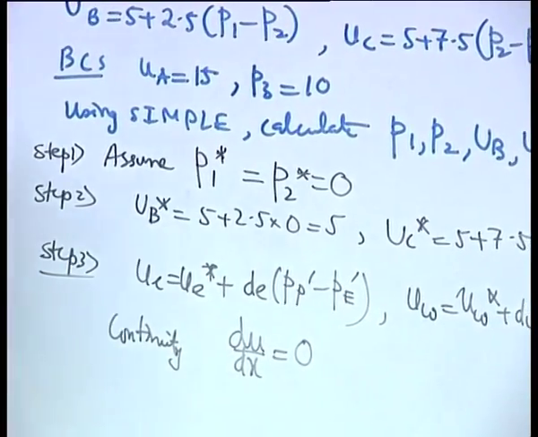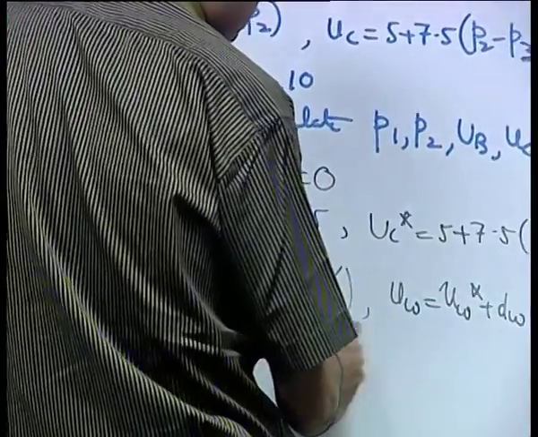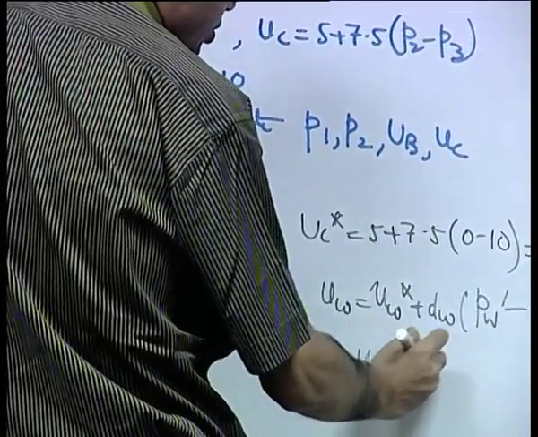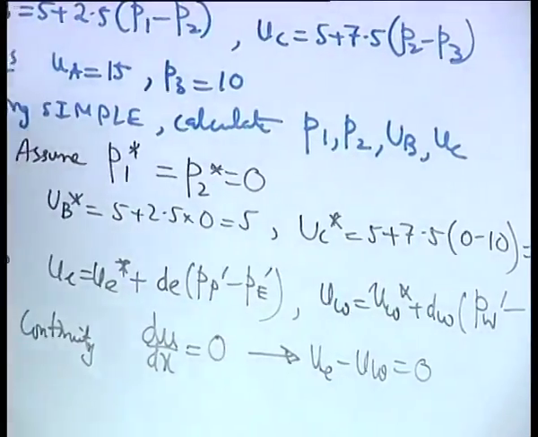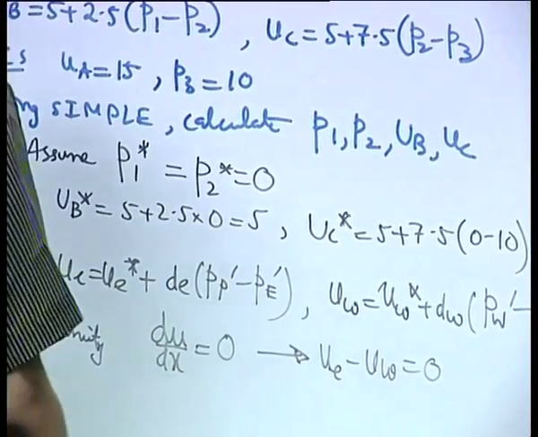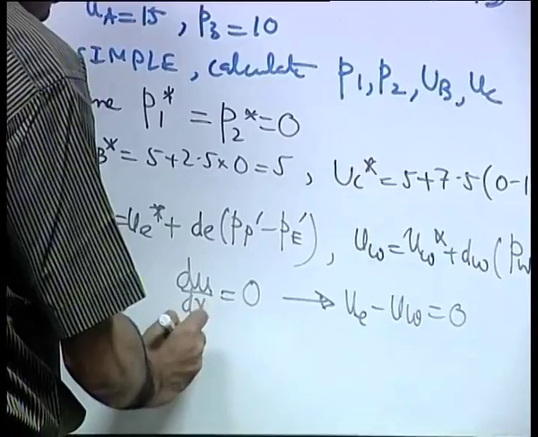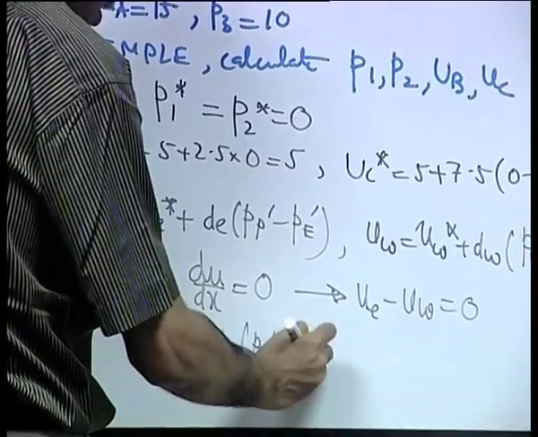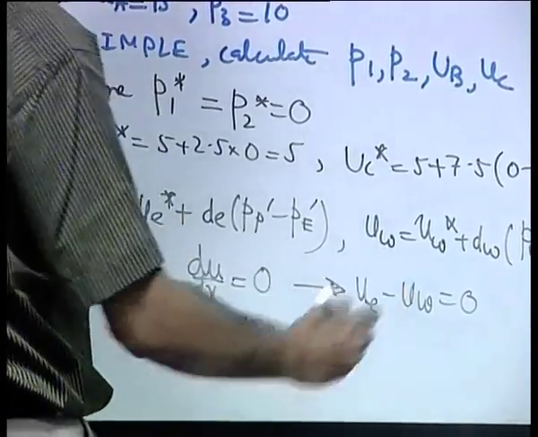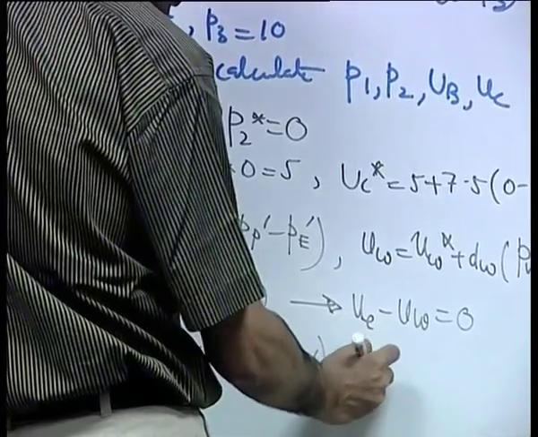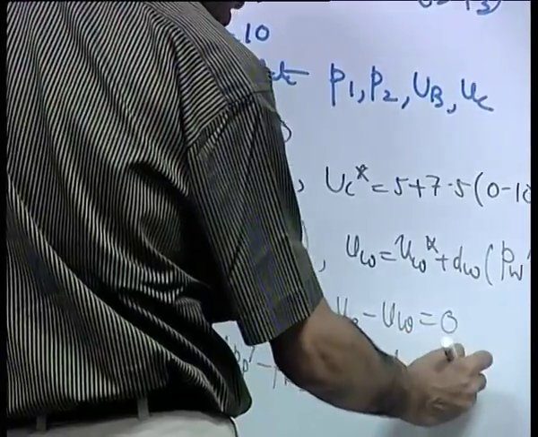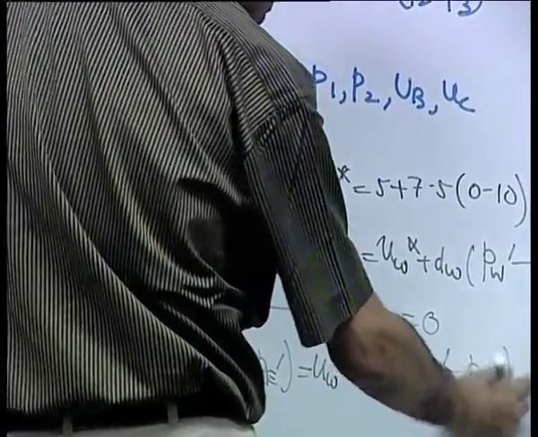So, if you integrate it with respect to x, what you get is ue minus uw equal to 0. So, you have ue star plus dE into pp prime minus pe prime is equal to uw star plus dw into pw prime minus pp prime.